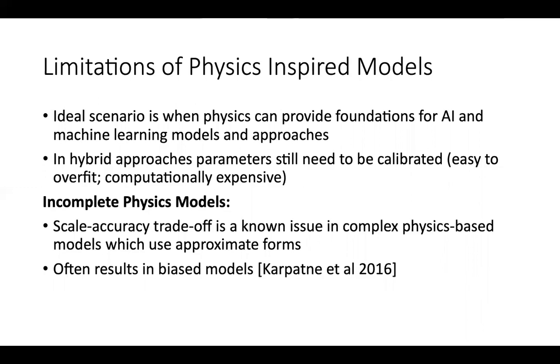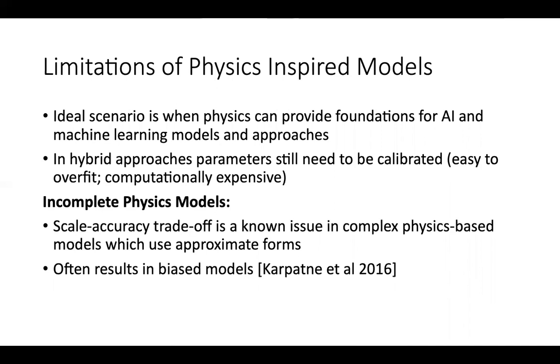We start with an ideal scenario where physics may provide foundations for AI models and deep learning and machine learning models and approaches. If we just focus our attention on hybrid approaches, then parameters still need to be calibrated. It's possible to overfit. They may be computationally expensive.